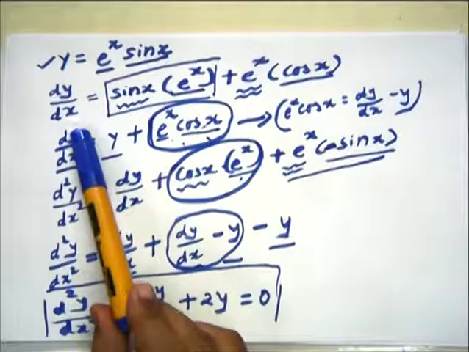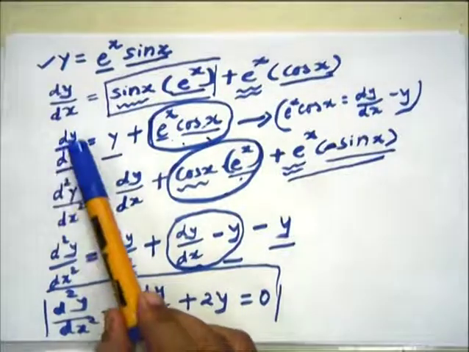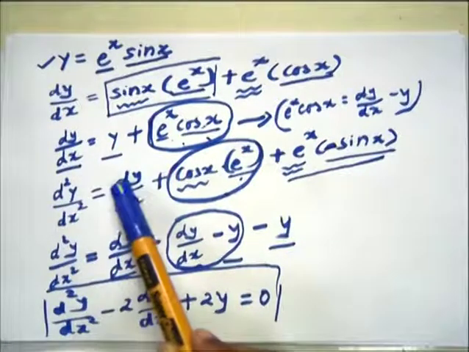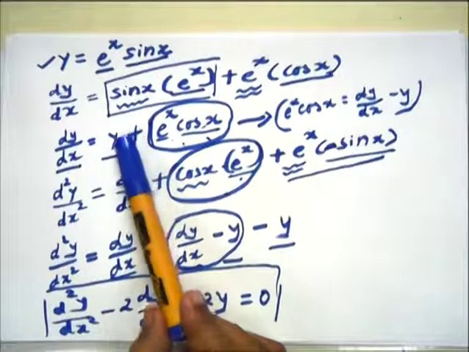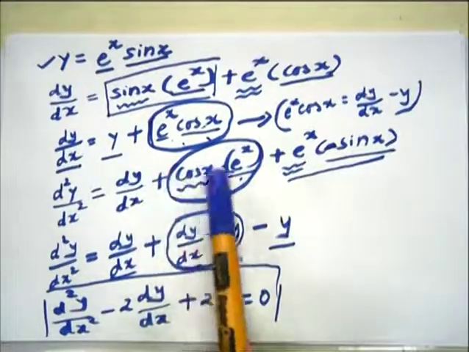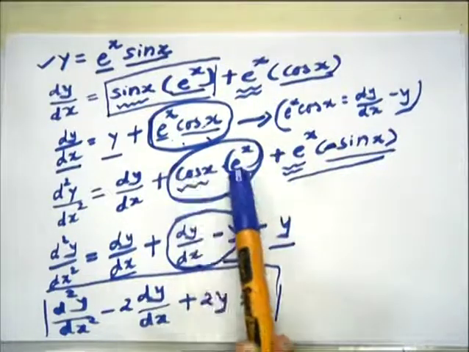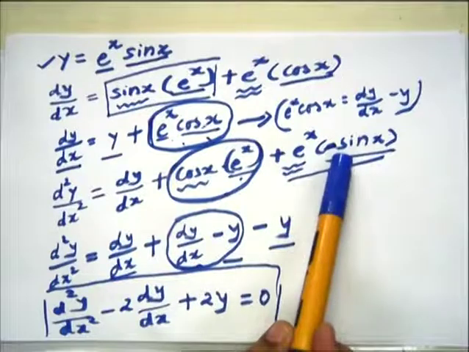So d2y by dx2 is the second order derivative of y, that is differentiating dy by dx with respect to x, is equal to, this is y and its derivative is dy by dx, plus here once again the product rule is used, so cos x into e raised to x plus e raised to x into minus sin x.